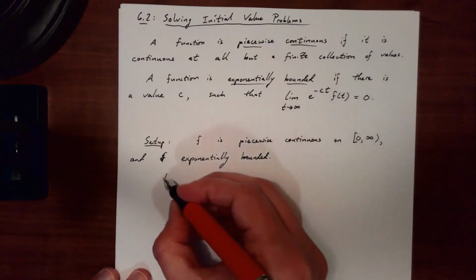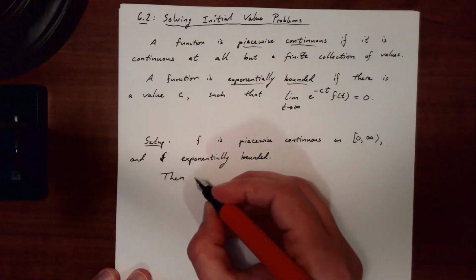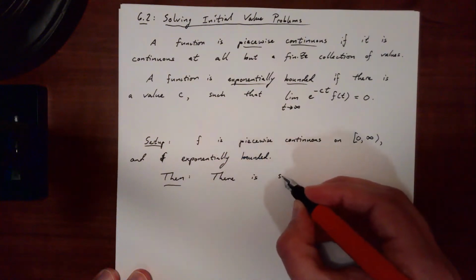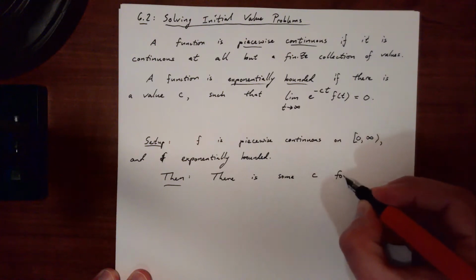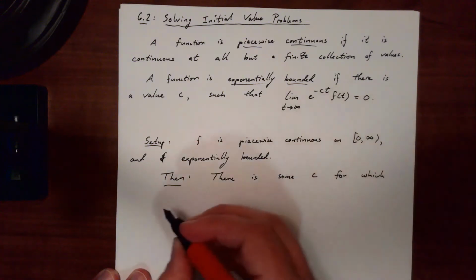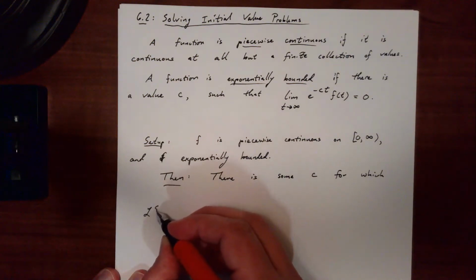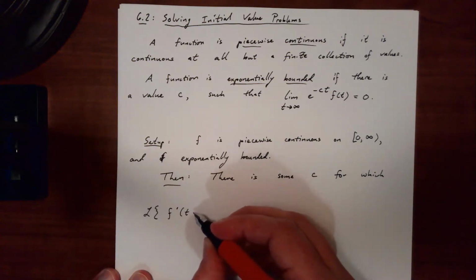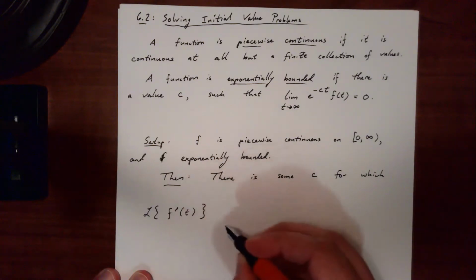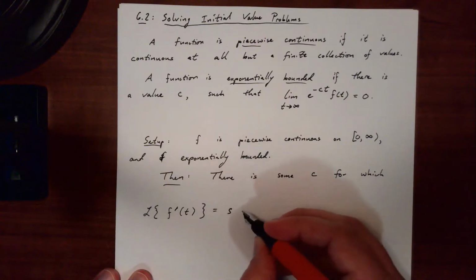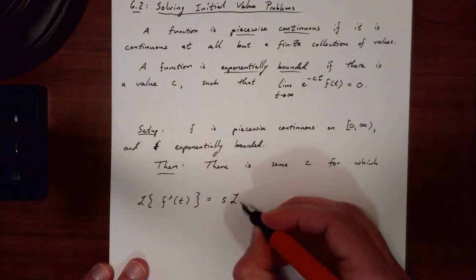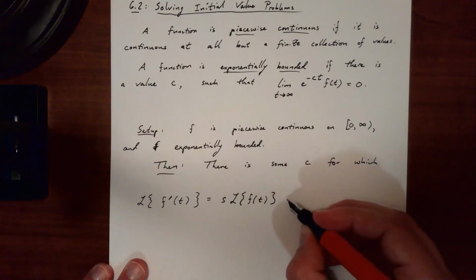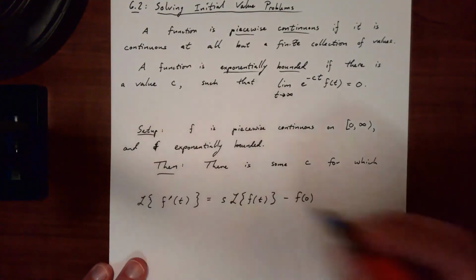Then there is some C for which the Laplace transform of the derivative of f is equal to s times the Laplace transform of f minus f of 0. And you'll notice there's no mention of c here yet.